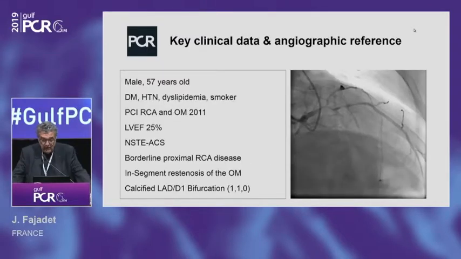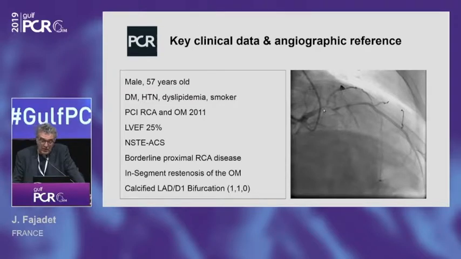And so today we have to deal with this really high-risk patient: 57-year-old, diabetic, with previous PCI on the right and OM, an acute coronary syndrome, low ejection fraction, 3-vessel disease, with a borderline 50% stenosis at the ostium of the right coronary artery, in-segment restenosis on the OM branch, which is significant, and this calcified long lesion of the LAD involving the origin of the diagonal branch.